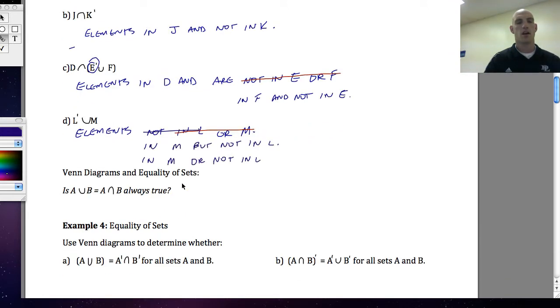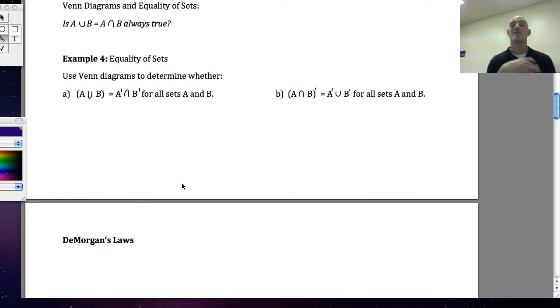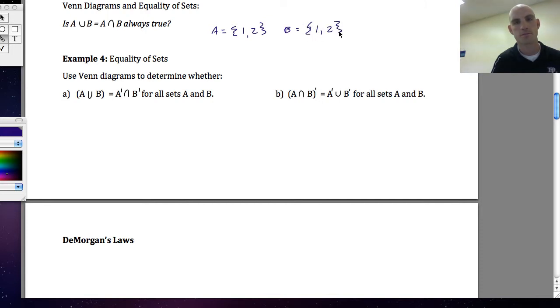All right. The way that we evaluate those kinds of statements is using Venn diagrams. And so if we are looking at A union B, or A or B, is it equal to A and B? Is it always true? Well, what if A equals 1, 2, and B equals 1, 2?